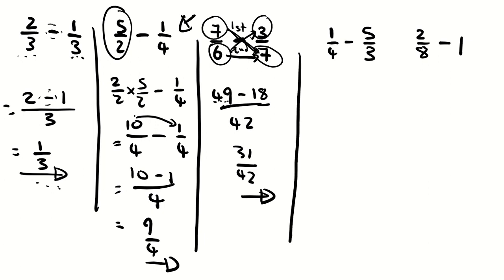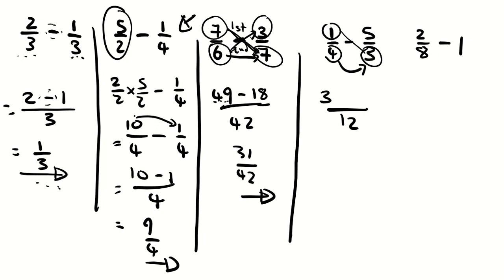Now let's go to this one. Here we have 1 over 4 minus 5 over 3. Again, it's not immediately obvious what you can do to get the bases to be the same. Again, you're just going to say 4 times 3. So 4 times 3 is going to be 12. And then you can say 1 times 3, and you're going to write your answer on the left, 3.